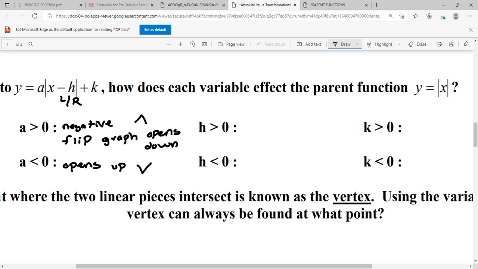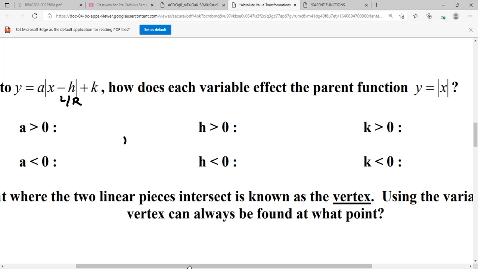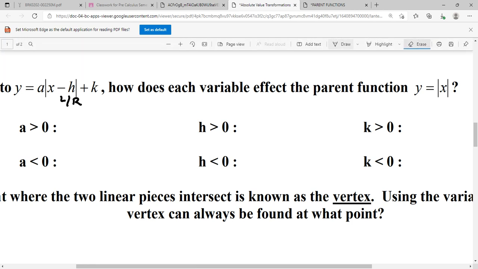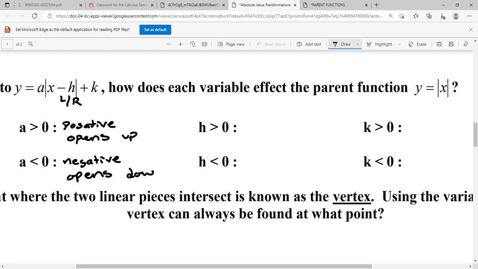I did this one backwards too. Okay, let me fix that real quick. Okay, A is more than 0. This is going to be positive. Opens up and negative. Opens down. Right, and that's going to flip the graph. Flip it. So flip right there when it's negative.